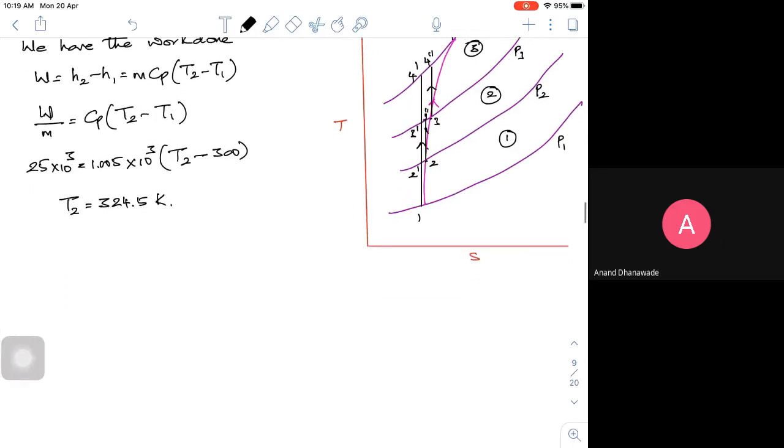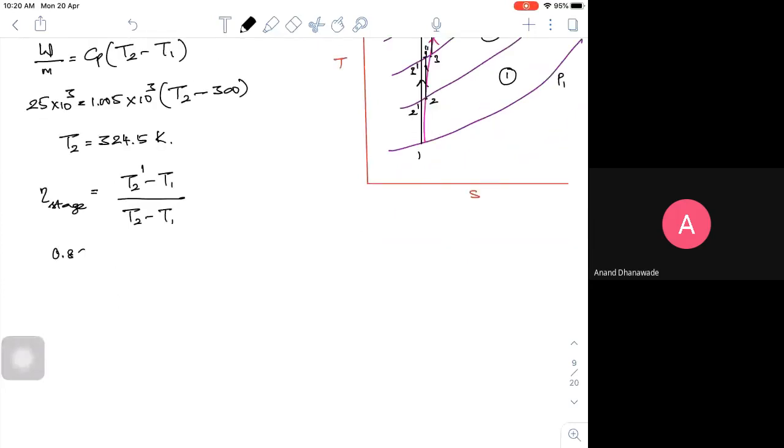And also look at this. What is my stage efficiency? The stage efficiency, I can write as T2 dash minus T1, that is the theoretical work, divided by the actual work, that is Cp into T2 dash minus T1 divided by Cp into T2 minus T1. So Cp will just cancel out. I am writing only in terms of temperature. The stage efficiency is already given in the numerical, it is 86%. T2 dash is what I don't know. So T2 dash minus T1 is 300, divided by what you just found for T2, which is 324.5 minus 300.